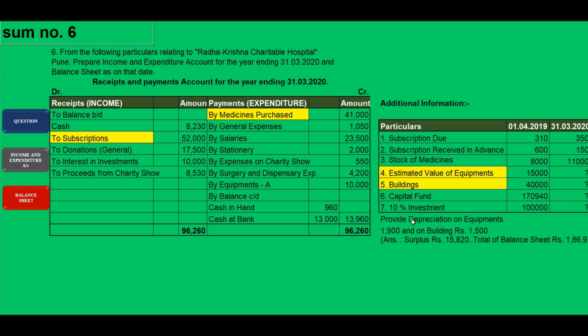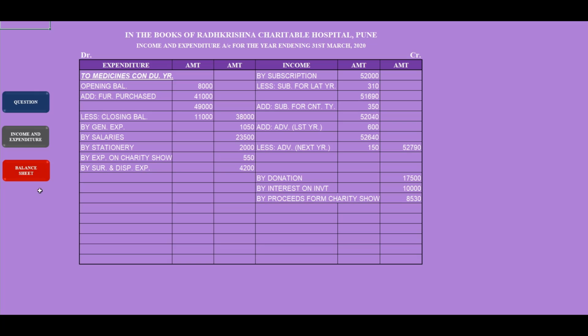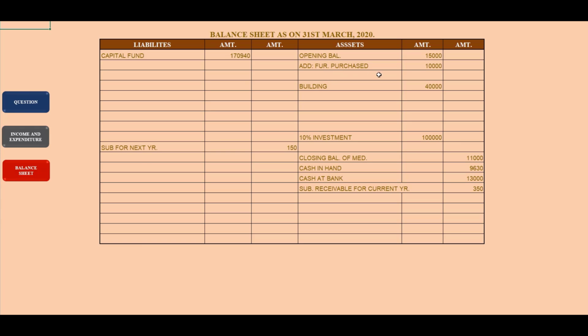Capital fund is done. Provide depreciation on equipment 1900. Here is the equipment. Equipment 10,000.